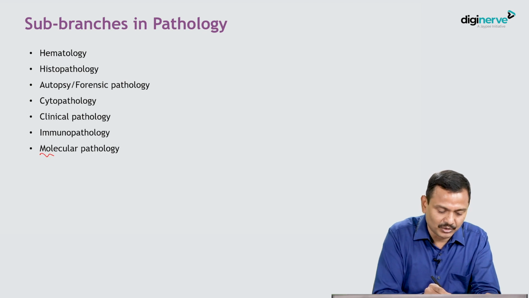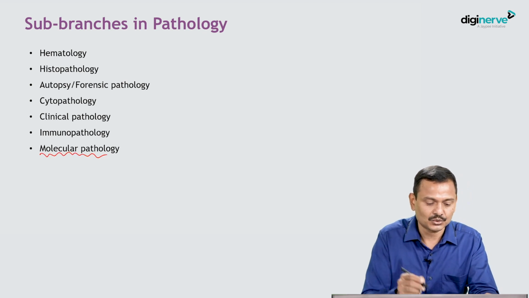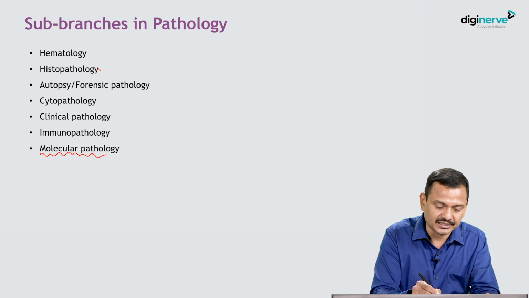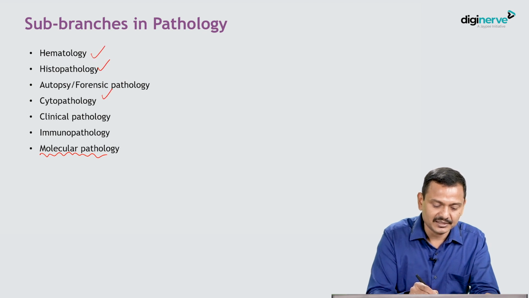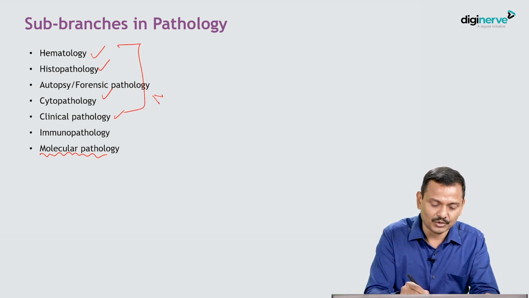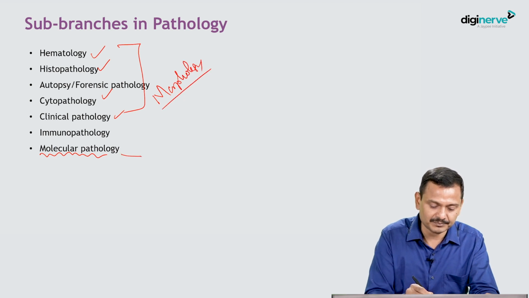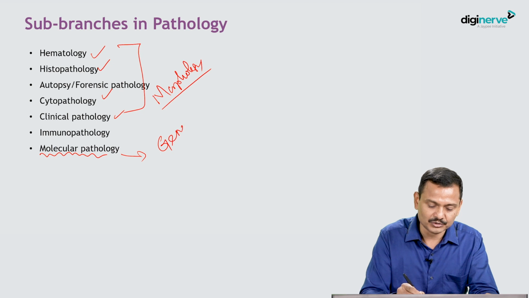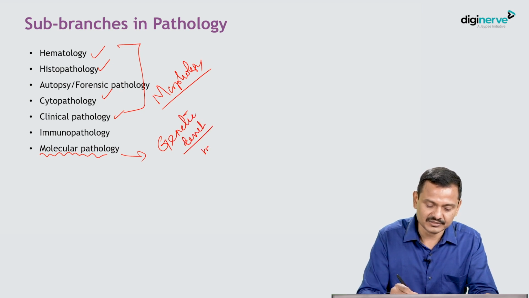Next comes molecular pathology. So here we have morphology in histo, cyto, hemat, clinical, where we see all morphology under the microscope, whereas in molecular pathology we study the abnormality at genetic levels, okay, genetic levels or mRNA or DNA level.